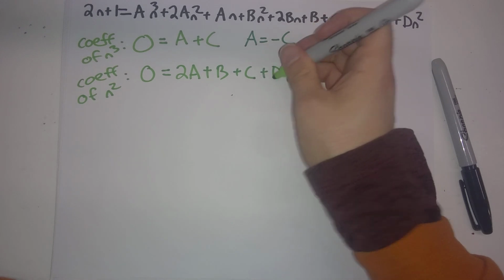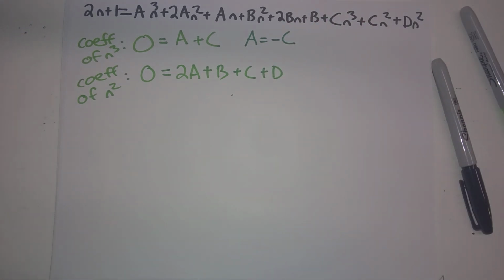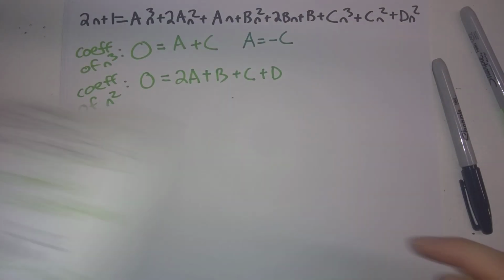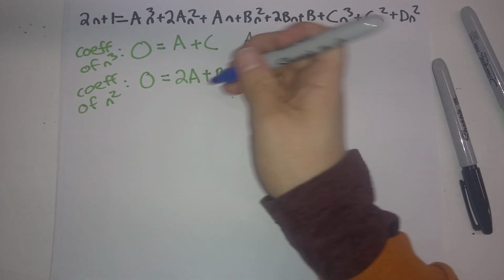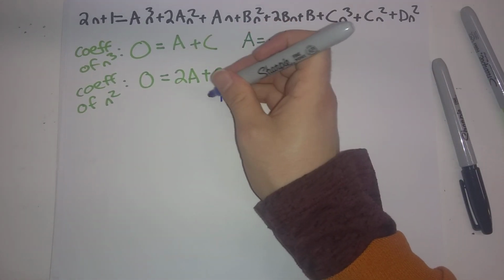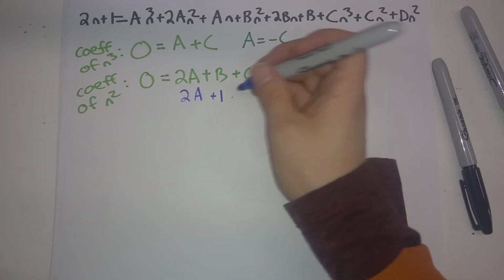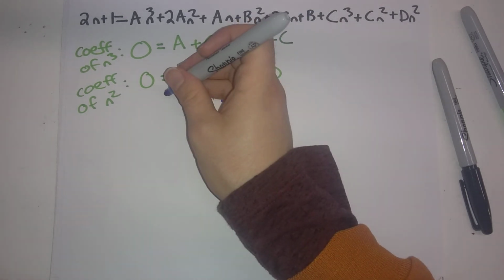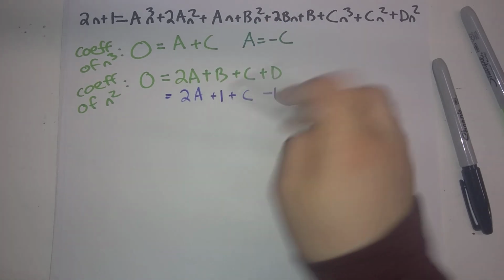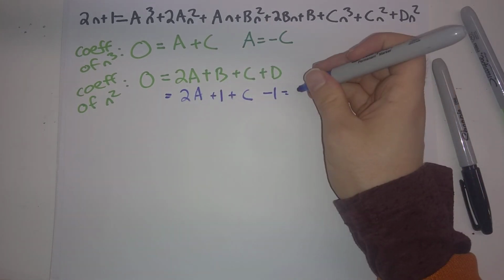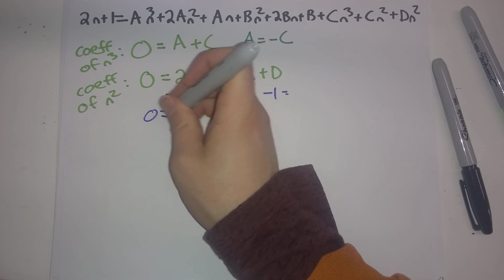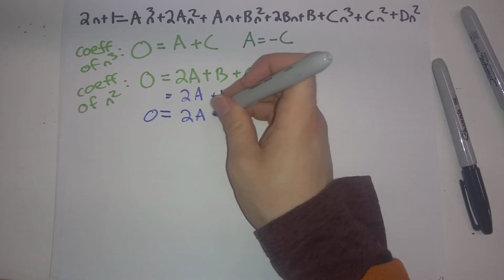And there's a d. But we already know b is 1 and d is minus 1. So we have 2a minus 1 plus c minus, 2a plus 1 plus c minus 1. The plus and minus 1 cancel out. So that 0 is equal to 2a plus c.